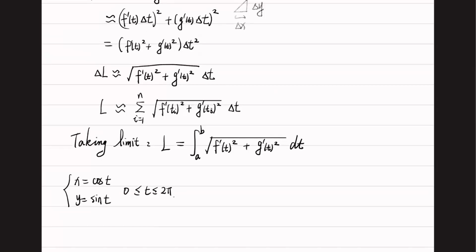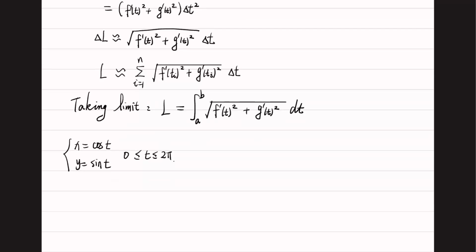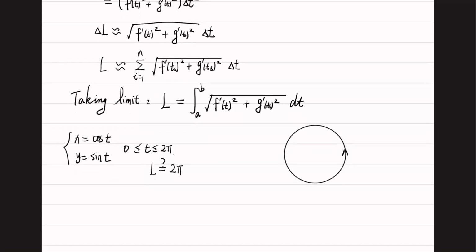Okay, we all know the length of the perimeter of the unit circle. What's that? The length of the unit circle. Okay, we all know that. So the length should be 2 pi. Let's see if we get 2 pi with our formula.